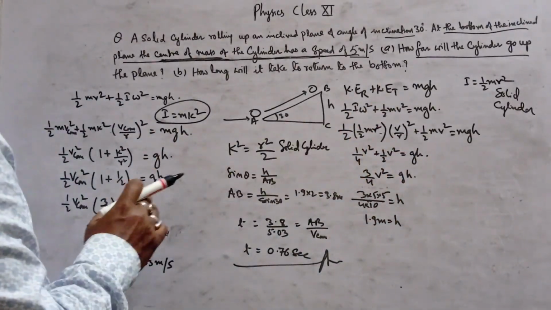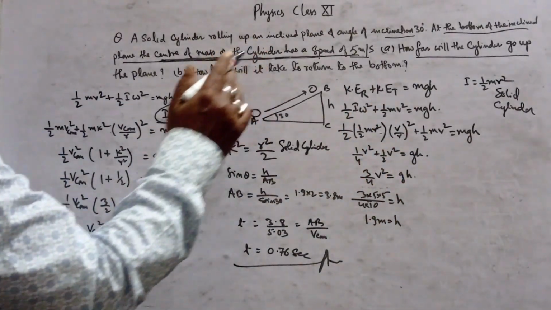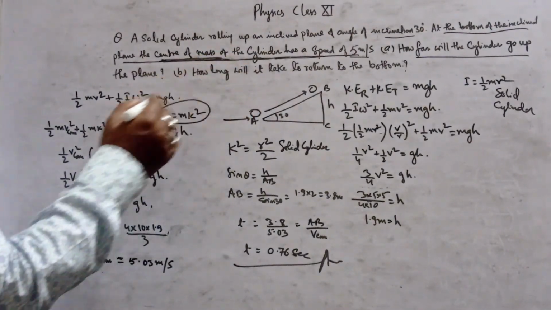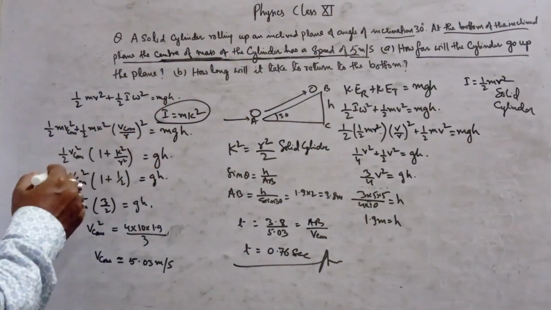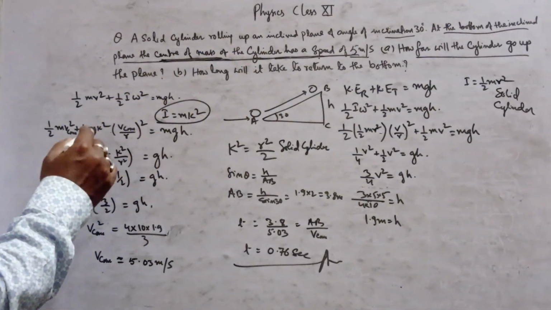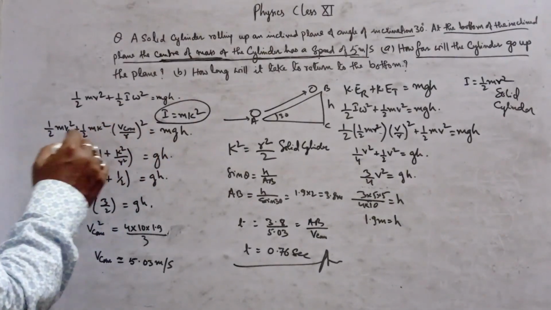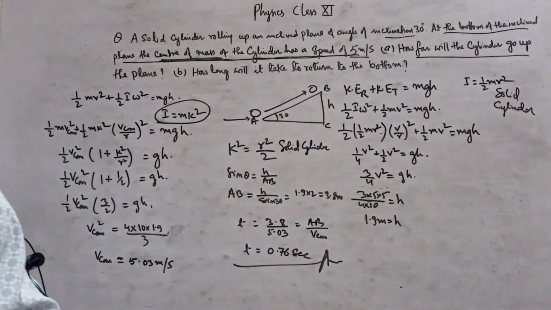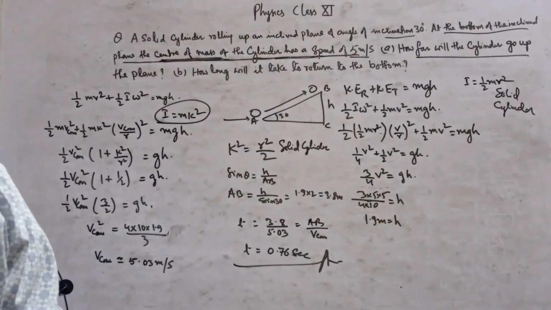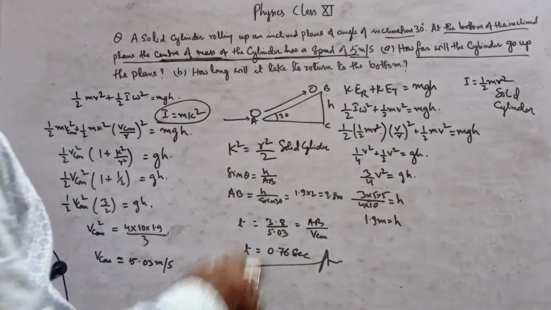But in this case, we are considering the motion of the center of mass. So when we consider the motion of the center of mass, we have to take the radius of gyration. The total kinetic energy will be this, and with its help you can find the return time.